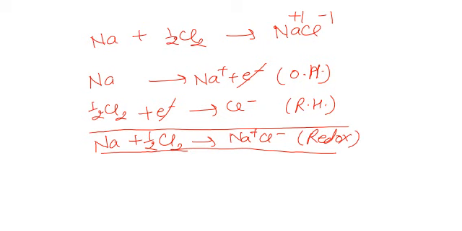So on the basis of loss and gain of electrons, you can identify that Na is getting oxidized into Na+. So this is oxidation, and the substance which is getting oxidized is called a reducing agent. So Na is the reducing agent.